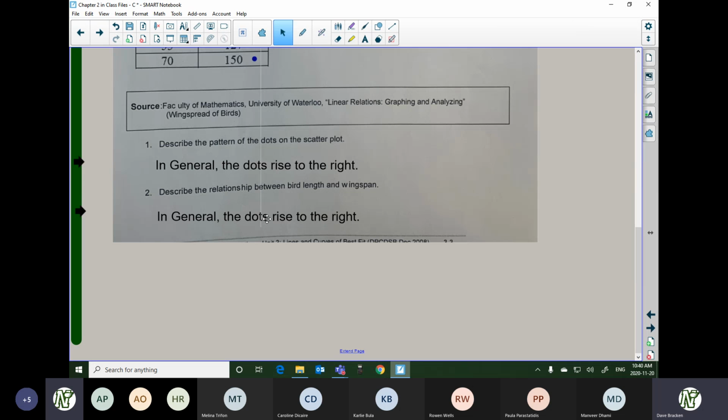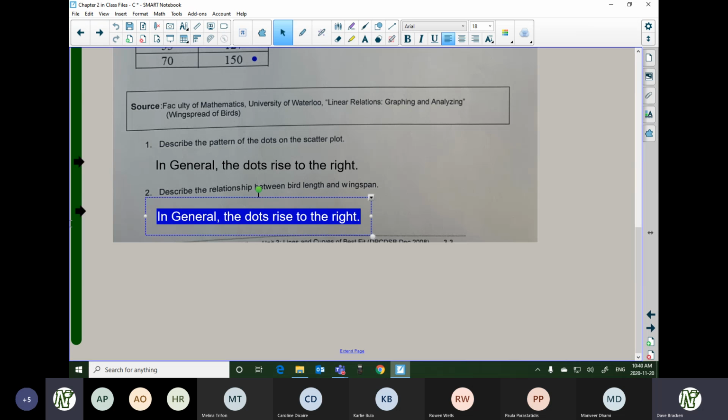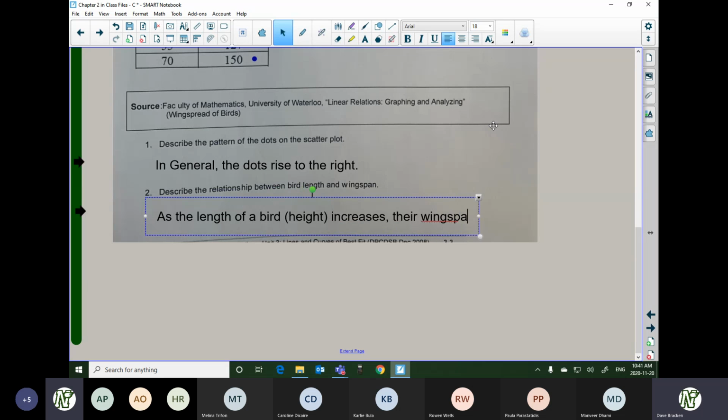So what does that mean in terms of the relationship between the two? As the length of a bird, which is like their height, increases, their wingspan also increases.